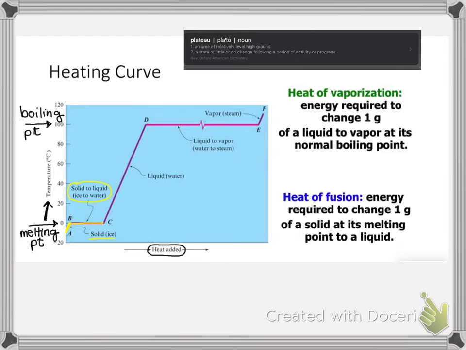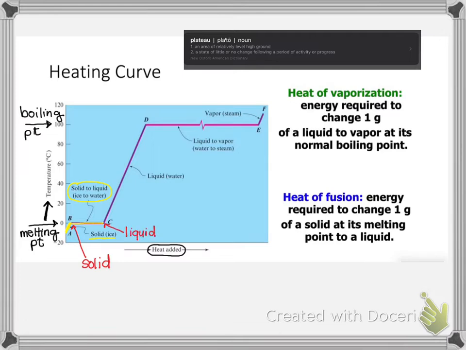So if I was to think about it, I would know that right where B is, that would be solid. And as I continue to add heat, if you imagine an ice cube melting, it creates a puddle first, and then eventually all the solid goes to a liquid. And so by the time we got to C, it would be a liquid.